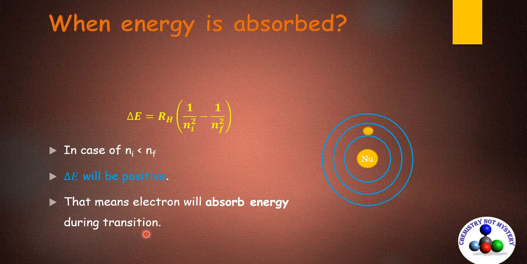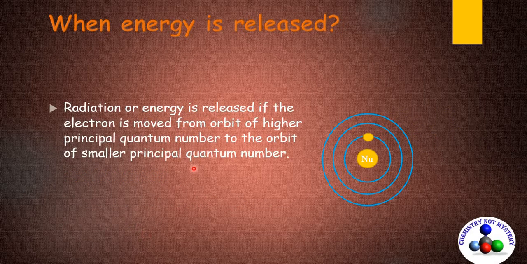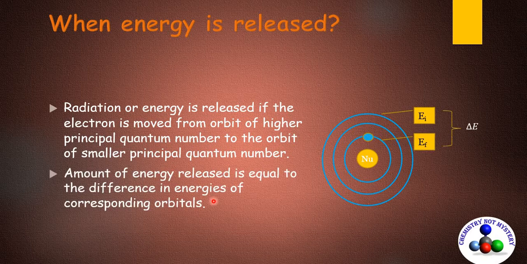Now see in which condition energy will be released. Radiation or energy is released if the electron is moved from an orbit of higher principal quantum number to an orbit of smaller principal quantum number. The amount of energy released is equal to the difference in energies of the corresponding orbitals.